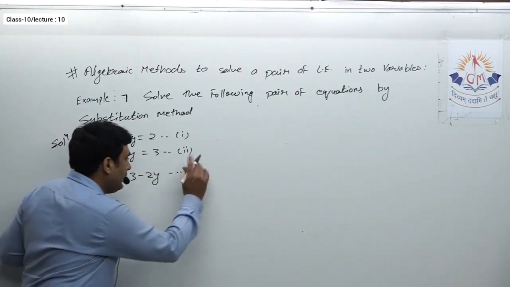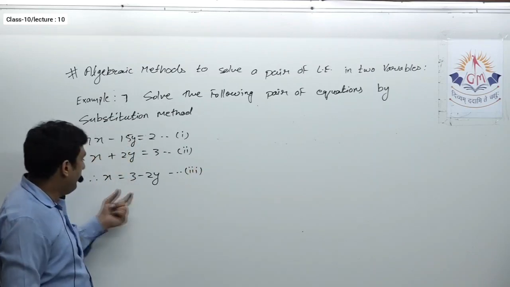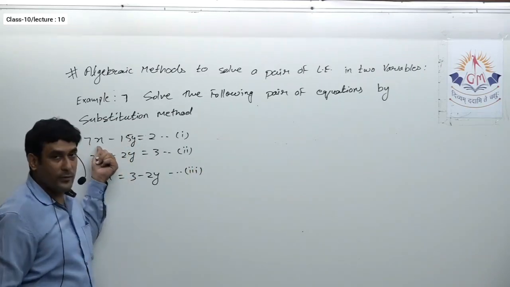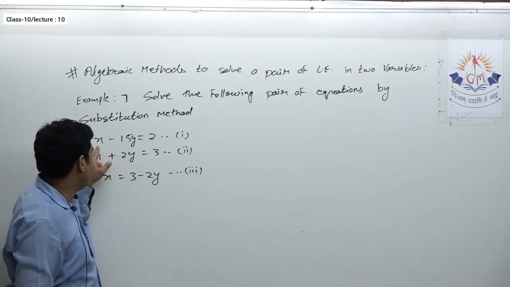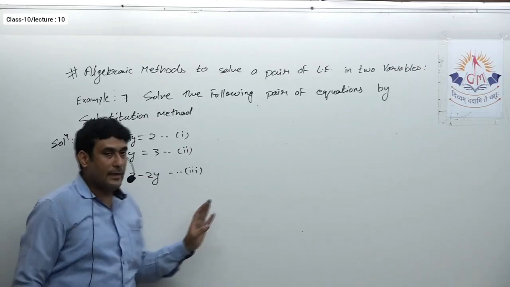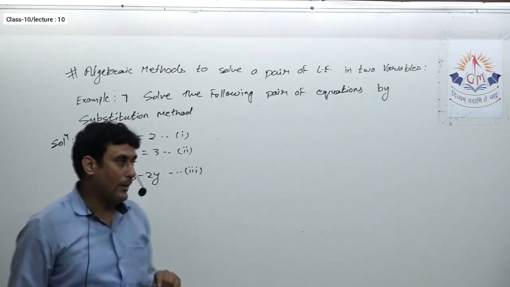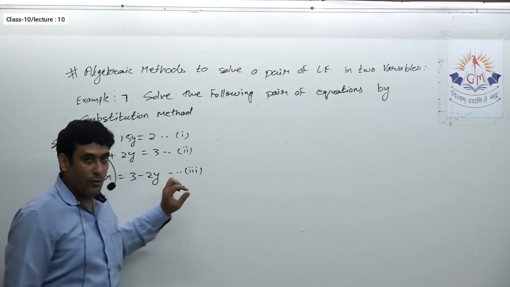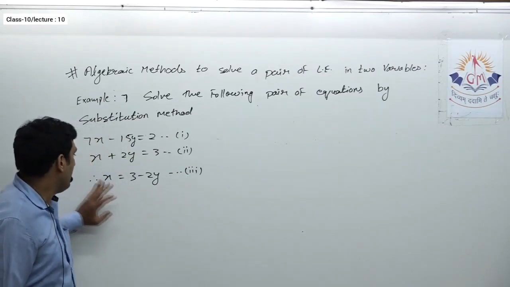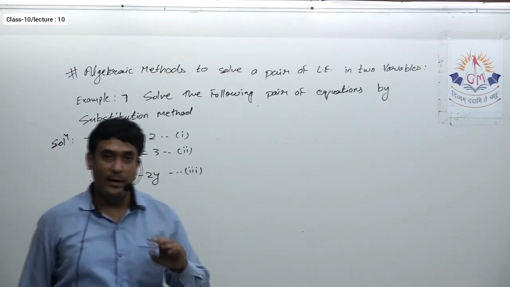I have to substitute x by this in equation 1, so that the complete equation becomes a single variable, and by obtaining the value of that variable we'll get the value of y, and then putting that value of y over here we'll be able to get the value of x.